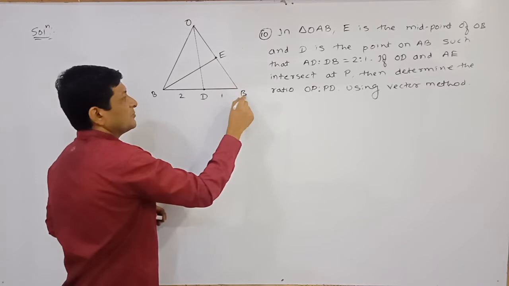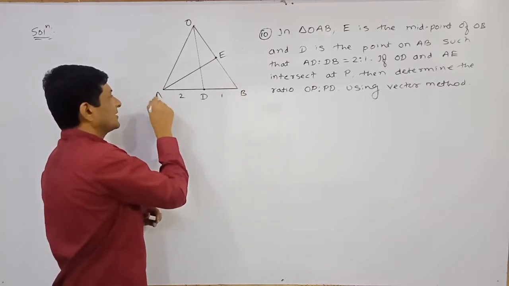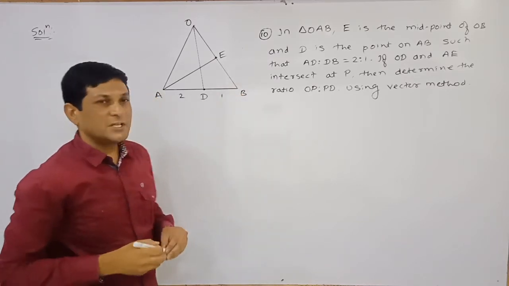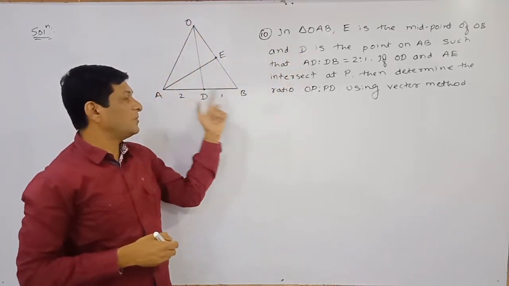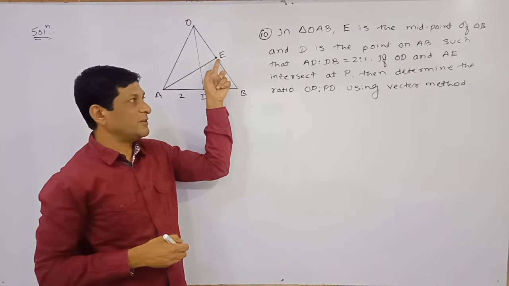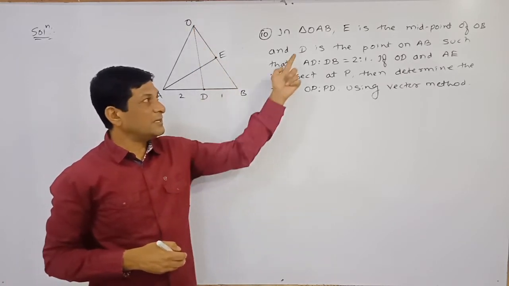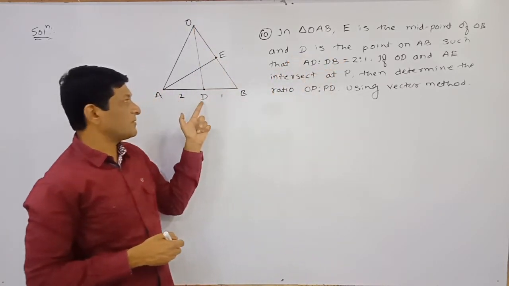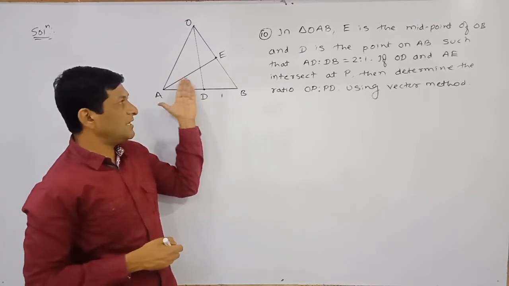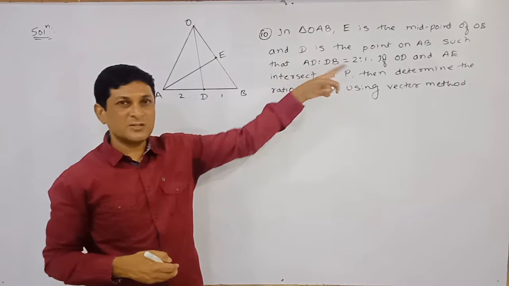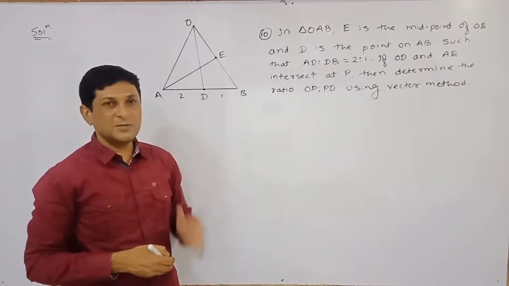So here take B and here take A. Now observe the given condition. One triangle is given to us, triangle OAB, and E is the midpoint of side OB. And D is a point on AB such that the ratio of AD and DB is 2:1. These are the given conditions.